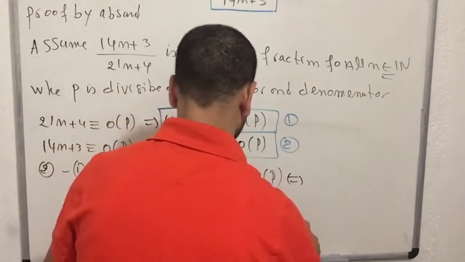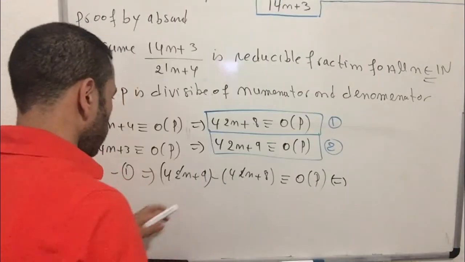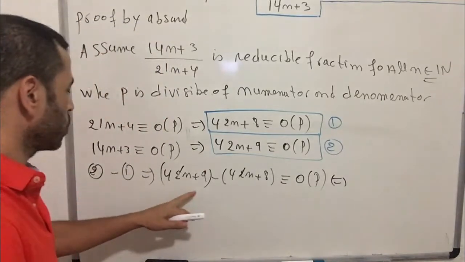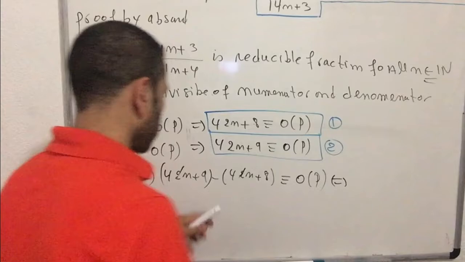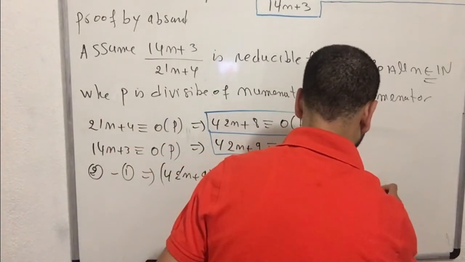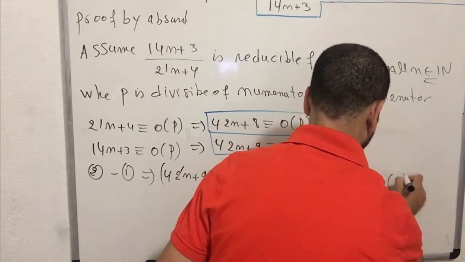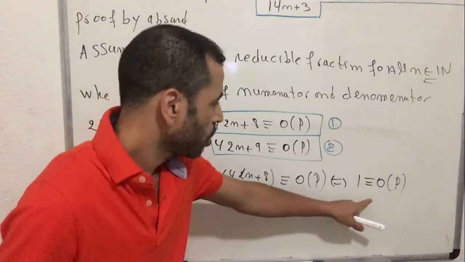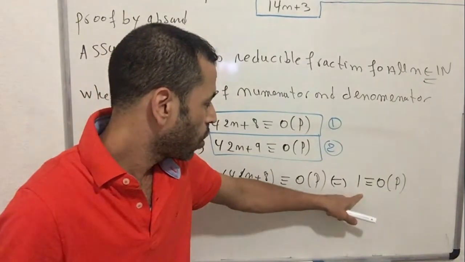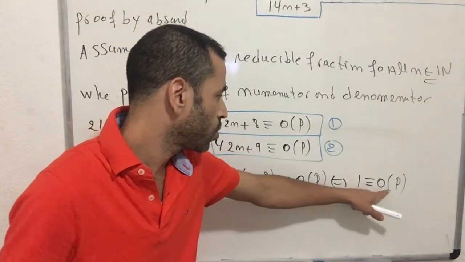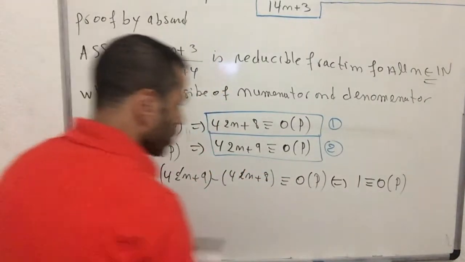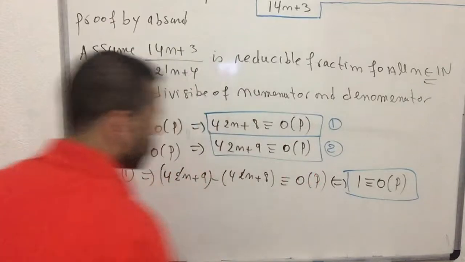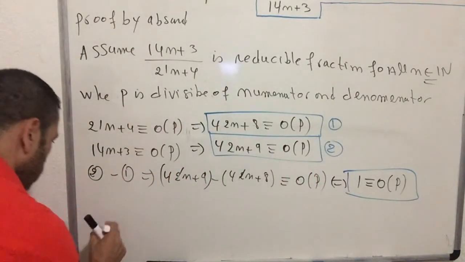The 42n cancels out because one is positive and the other is negative, so you will have 1 congruent to 0 modulo p. This is a contradiction, so by absurd, the fraction is irreducible.